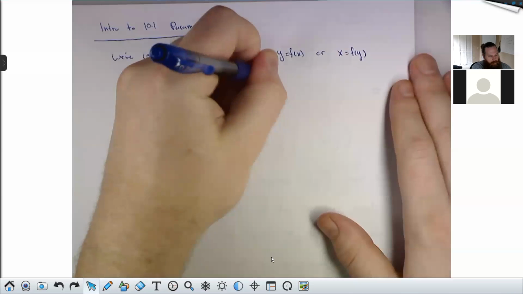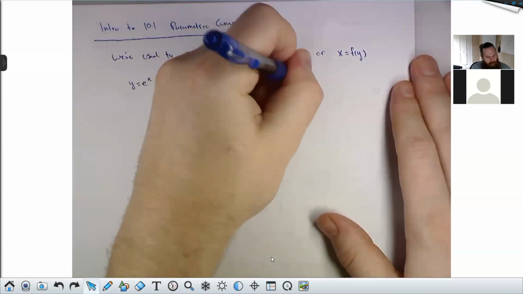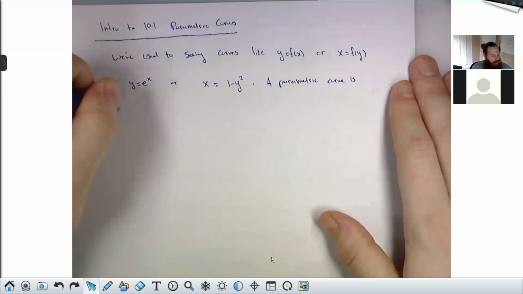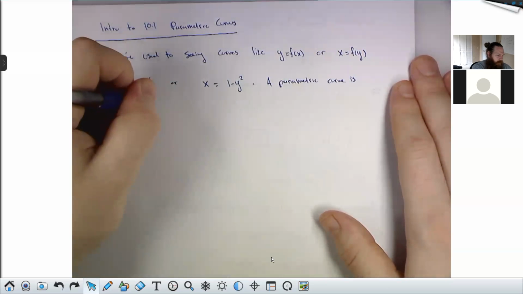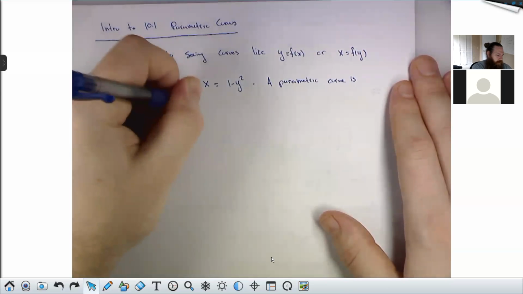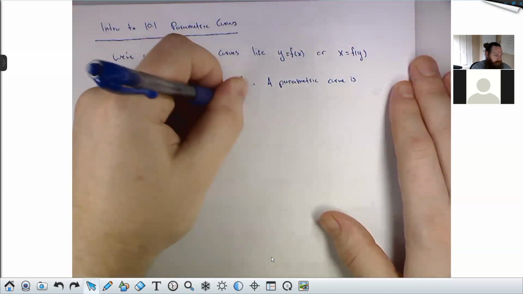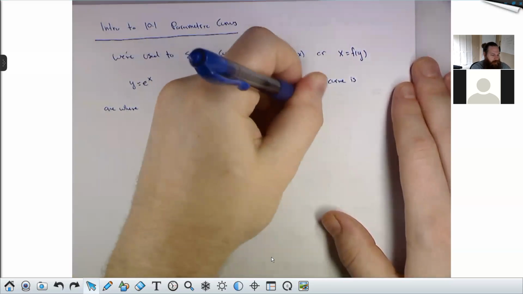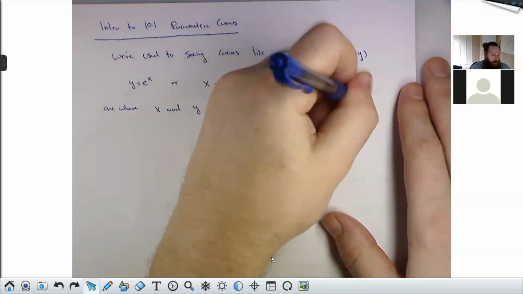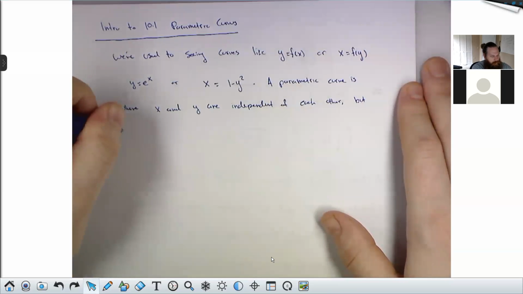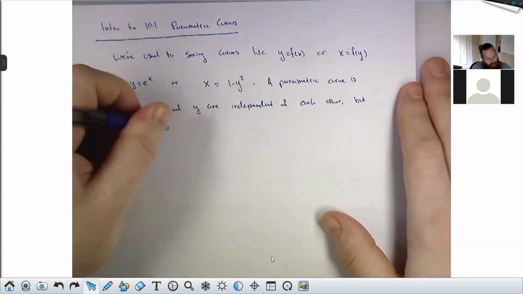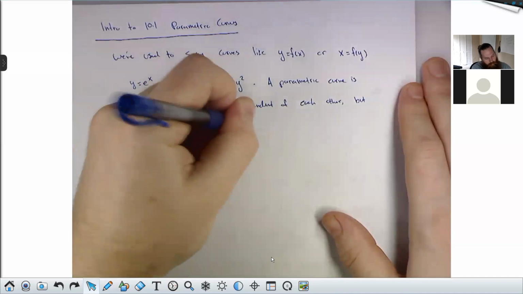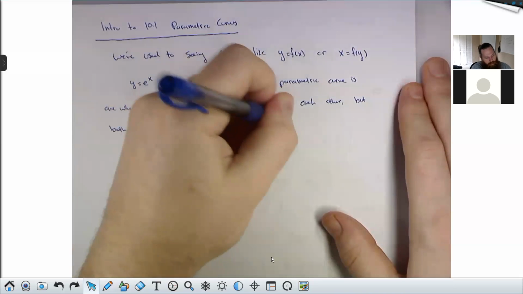A parametric curve, though, is one where x and y are independent of each other, but both dependent on another variable t.